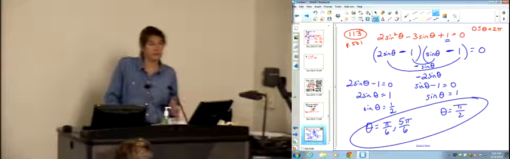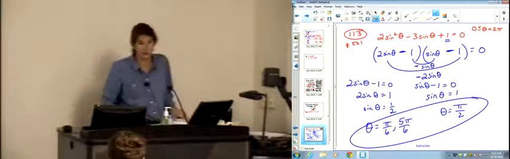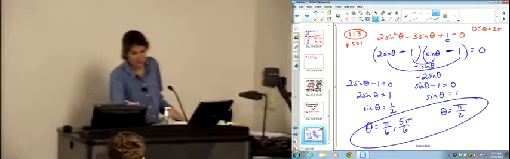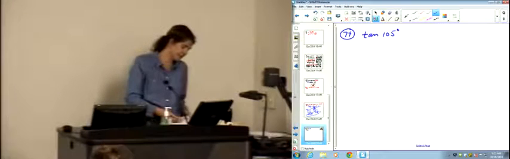Now, I've already told you I'll give you those double and half angle formulas and sum and difference formulas, but we've looked at double and half angle earlier today. Let's look at one sum or difference formula here at least. I'm backing up now to number 74, where it tells us to find the tangent of 105 degrees.